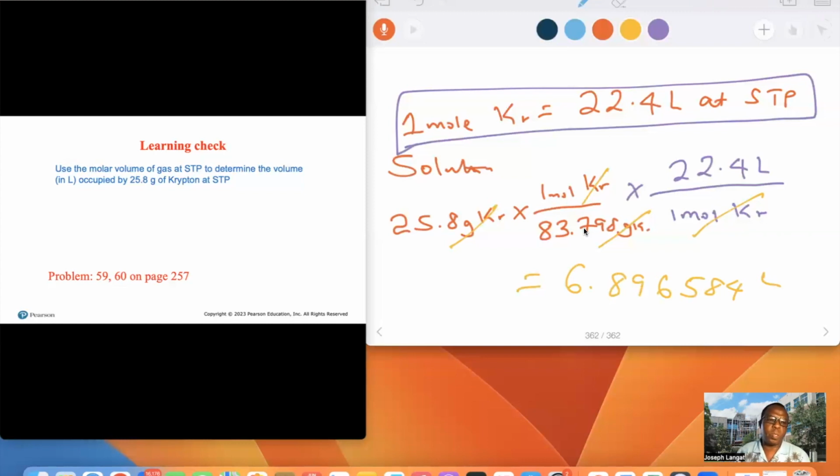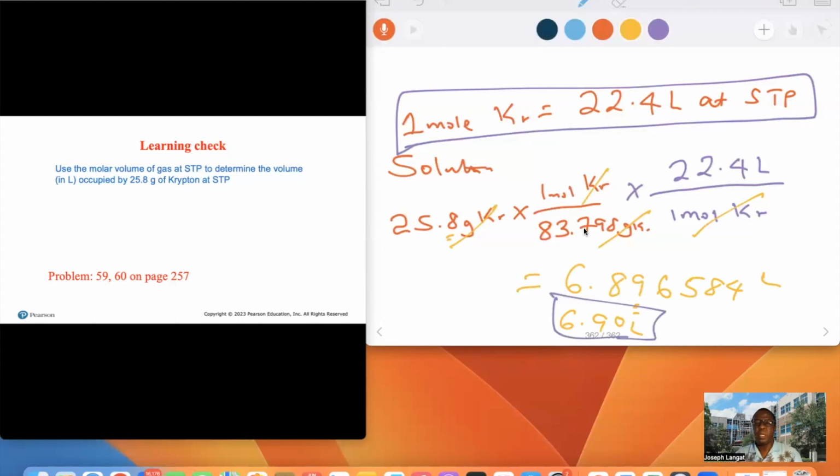This is more than we need for our final answer, which requires 3 significant figures: 1, 2, 3. So I'm going to stop there, and it's 6.90 liters with the correct number of significant figures.